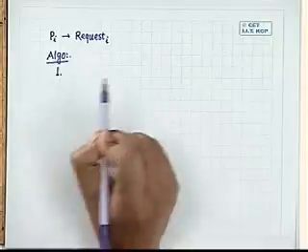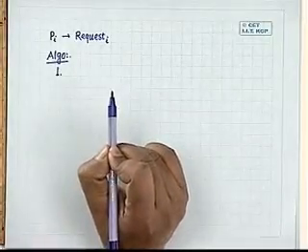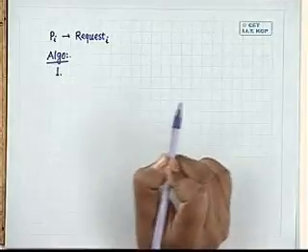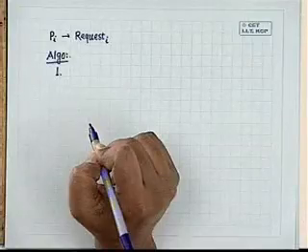That means at a particular instant of time, the process has got certain resources, and in the need matrix we will know the future need of the process. So our condition should be that whenever a process puts a request, the request vector must be less than or equal to the corresponding need vector. If it is greater than the need vector, then this request is not a valid request.